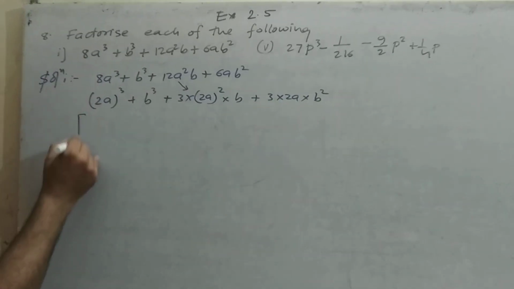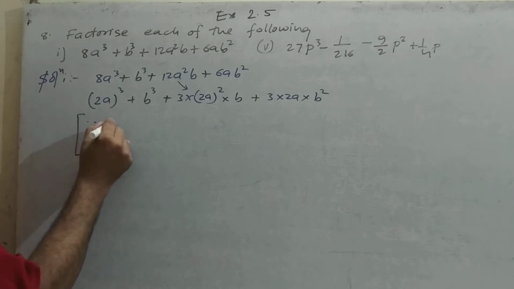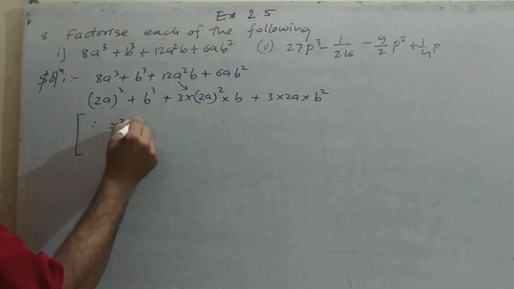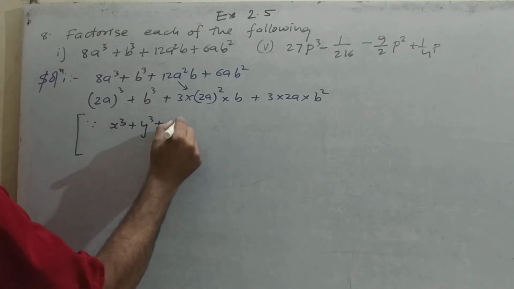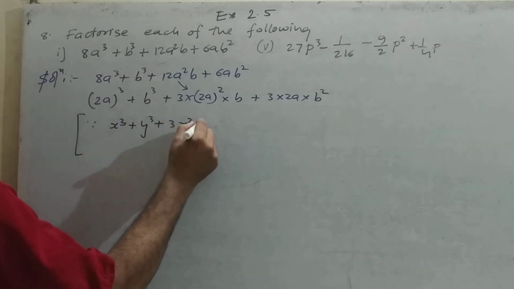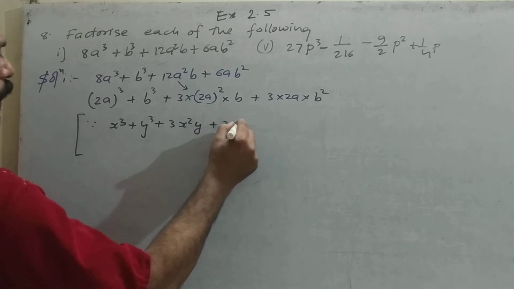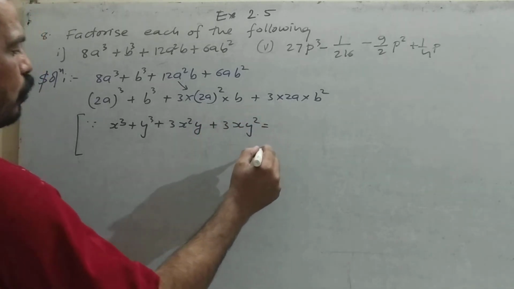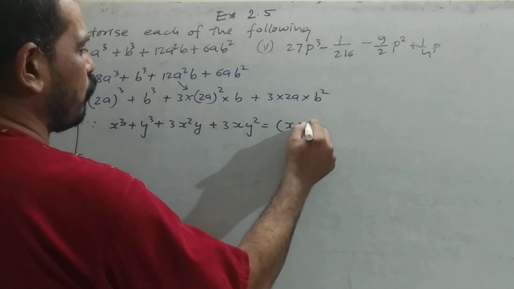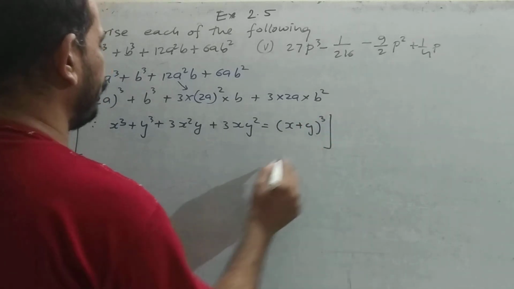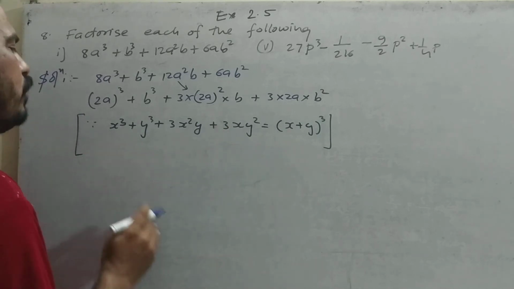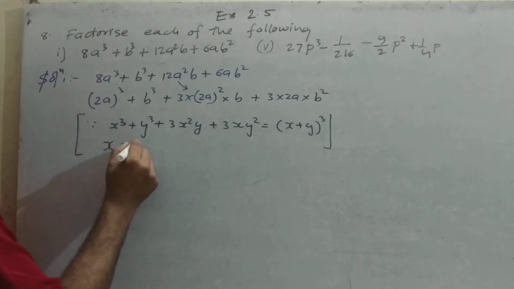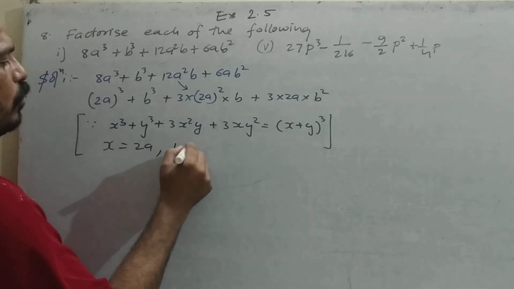Now, x cube plus y cube plus 3x square y plus 3xy square is equal to what? x plus y whole cube. This identity is written here. So x is equal to 2a and y is equal to b.